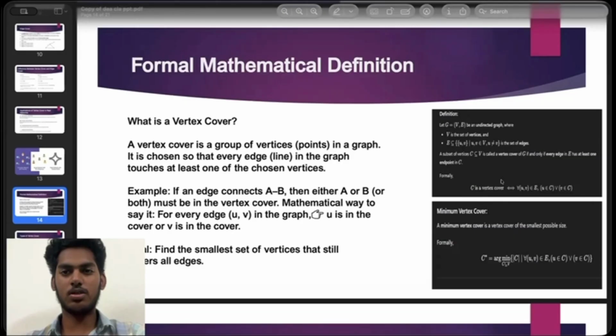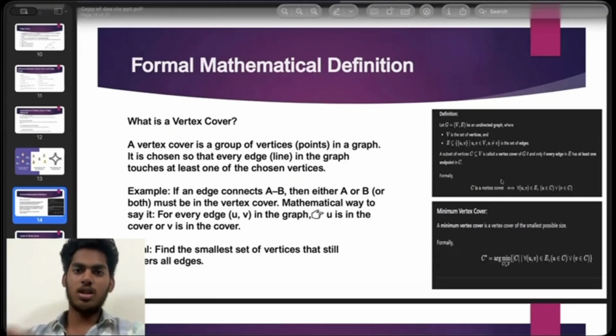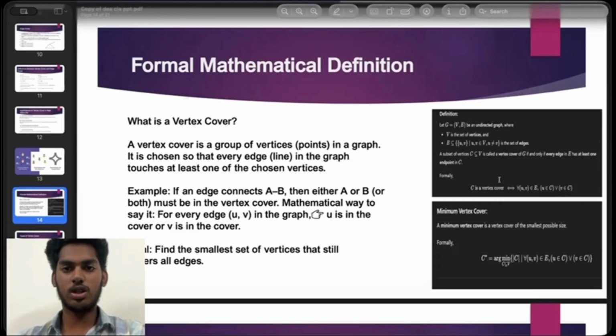Some approaches to solve vertex cover. Exact algorithms: brute force, try all subsets; backtracking, which reduces search time; integer linear programming, formulate as an ILP and use solvers.